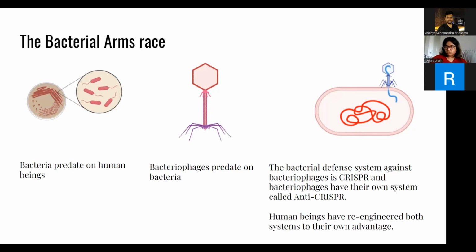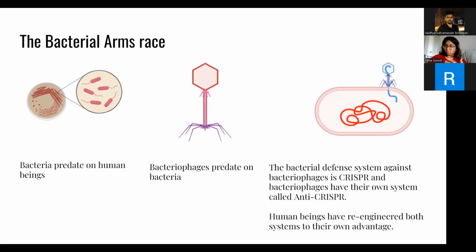The evolutionary mechanism in bacteria which fights against these viruses, their genetic code, is called CRISPR. The bacterial defense system causes a double-stranded break in the virus DNA, which renders the virus DNA incompetent to infect them for the next generation.